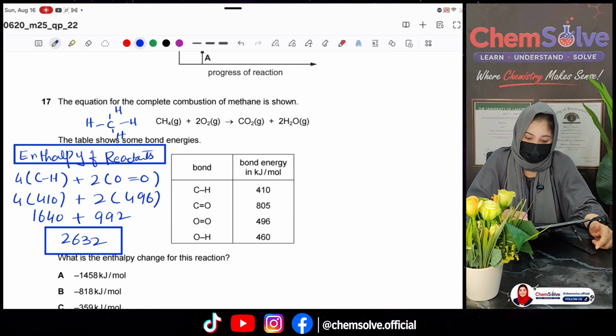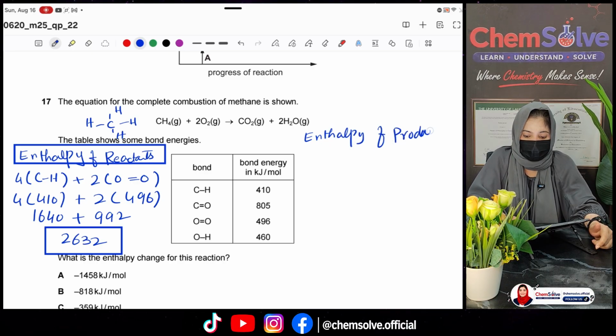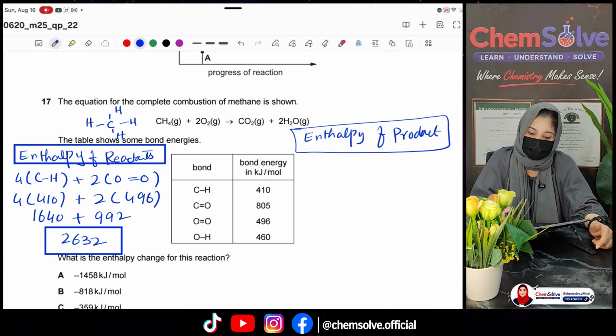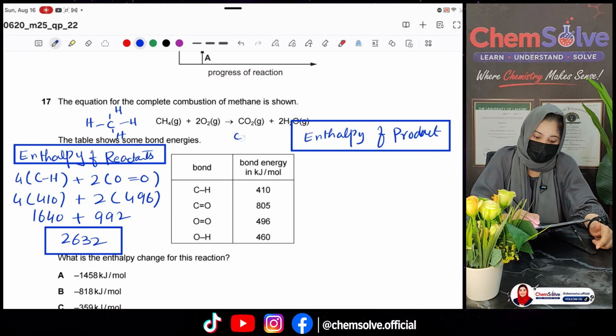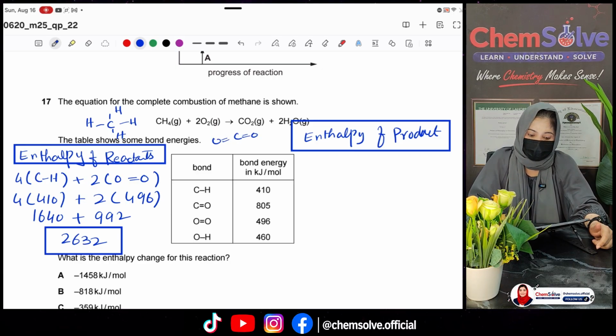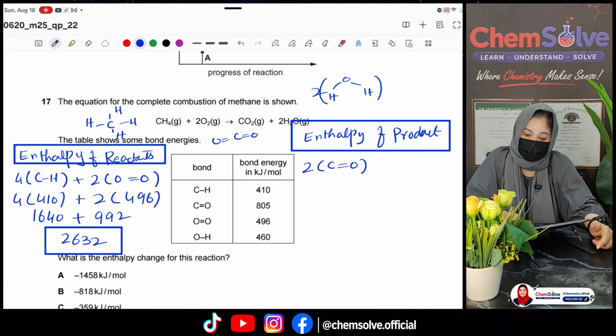Now calculate the enthalpy of the products. So we have C double bond O, carbon dioxide is something like this, so we have 2 C=O bonds, and water is something like this, and it is multiplied by 2 as well.